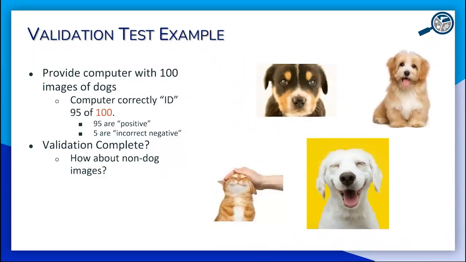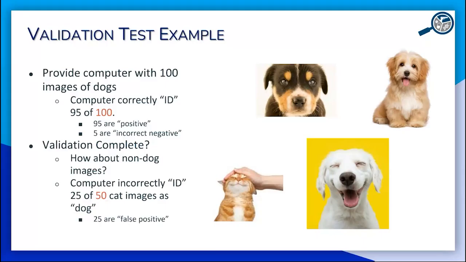So let me go back to the cat example just to make things simple. Okay, I gave my computer 50 cat images, and it incorrectly identified 25 of those cat images as dogs. So in other words, 25 of those are false positives, right? They're falsely ID'd as dogs, and 25 are correct negatives.